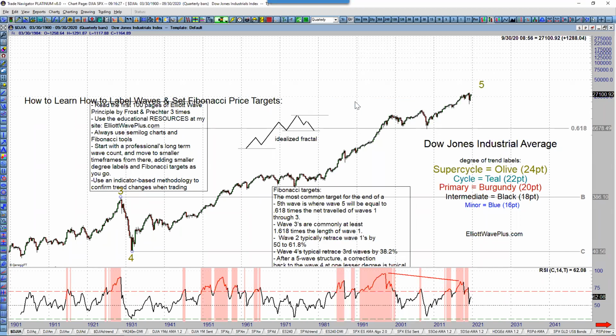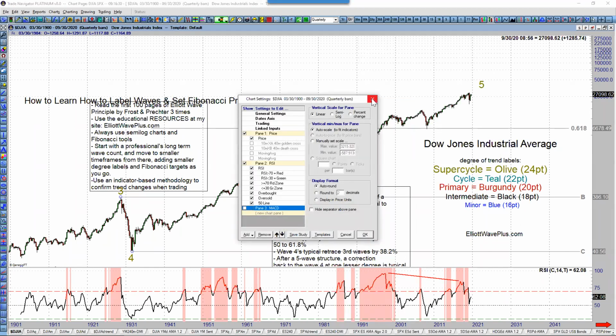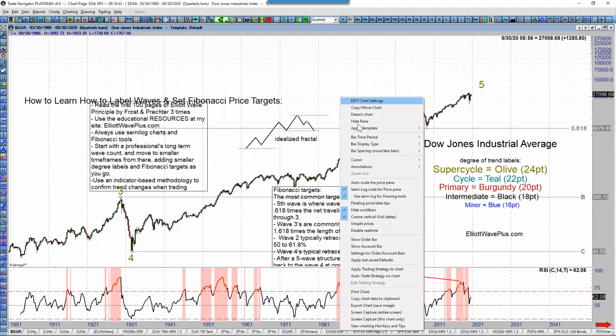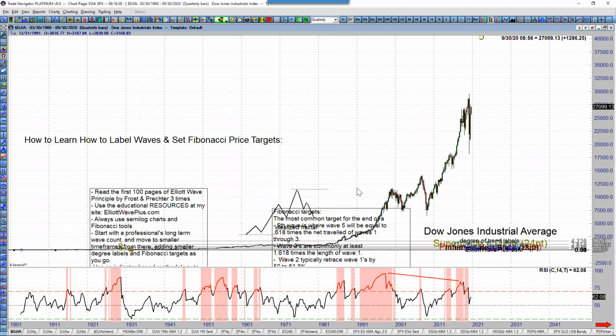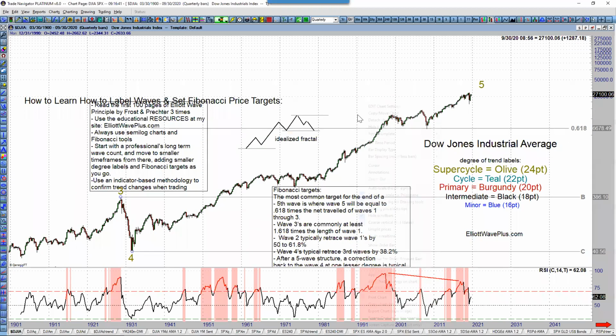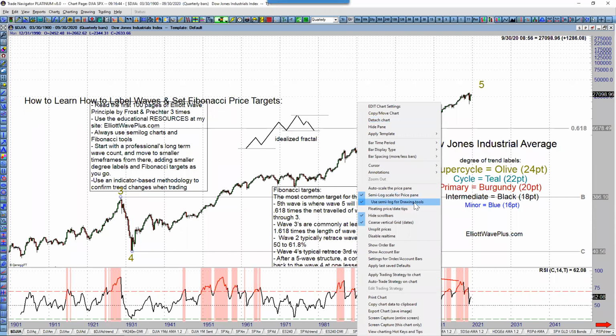Now let's see if I've got this thing. Yeah, and I'm using Semilog scale for the price bars. And I'm also using Semilog for the drawing tools. This is an important point. Very few platforms allow you to tell the Fibonacci targets to also use Semilog math. Now I'm using Trade Navigator by Genesis, but some really popular platforms like Thinkorswim won't do this.